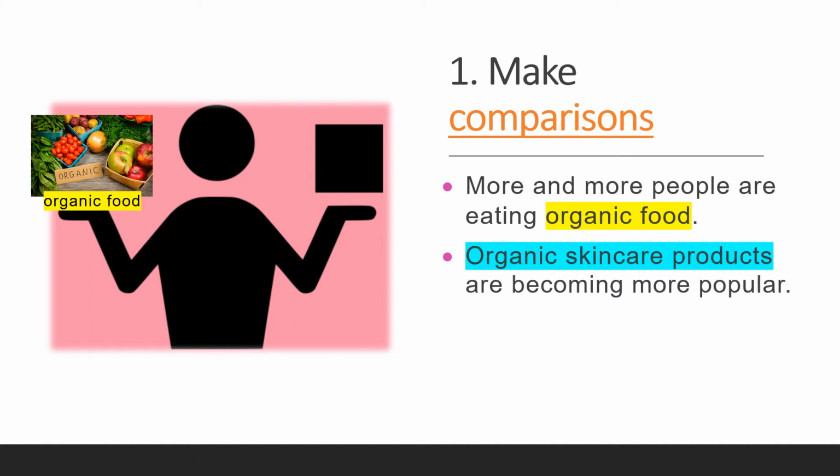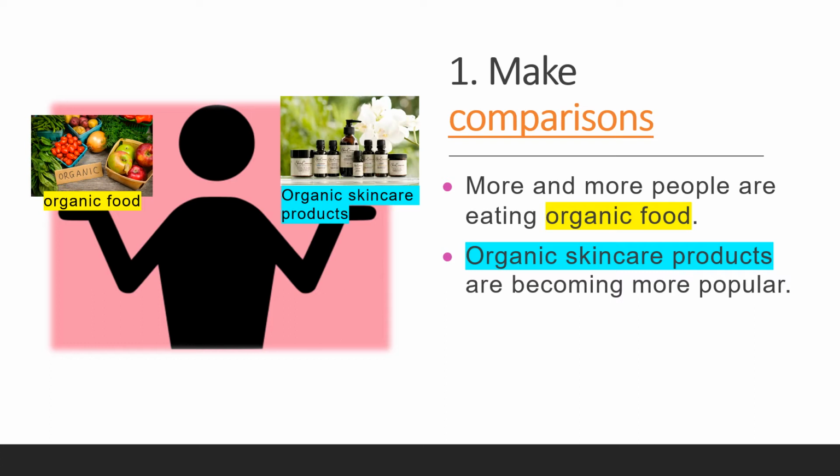The idea that organic skincare products are becoming more popular is similar to how popular organic food is getting. Here, we are putting two similar ideas together in these two sentences. Therefore, we can use a connective in between the two sentences to show the relationship.